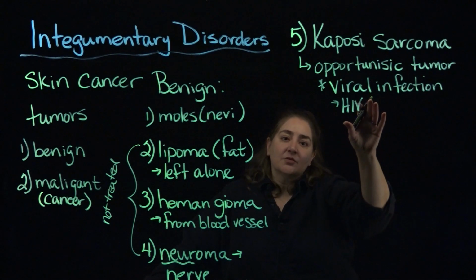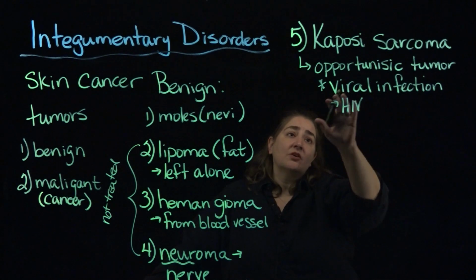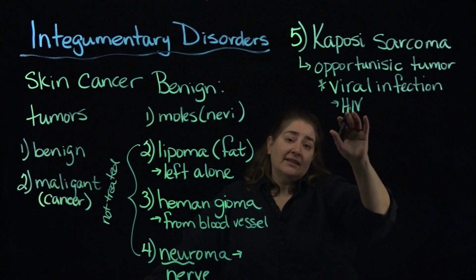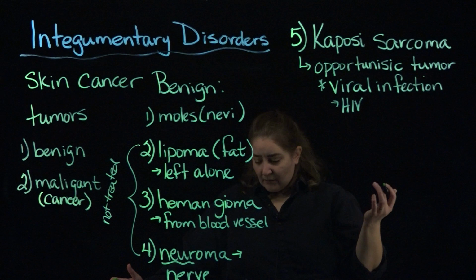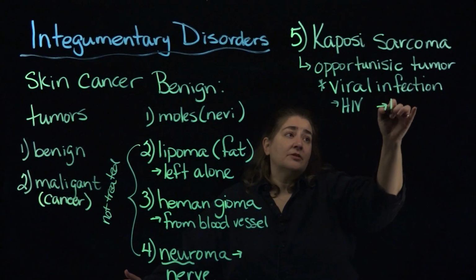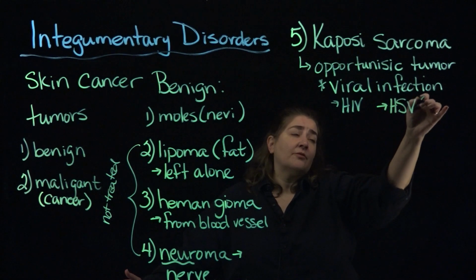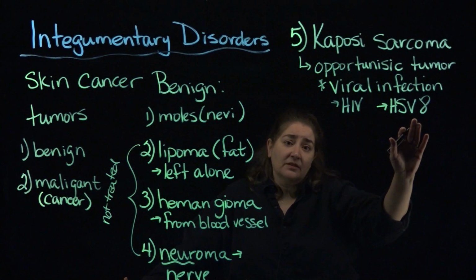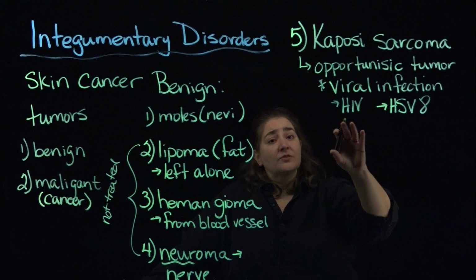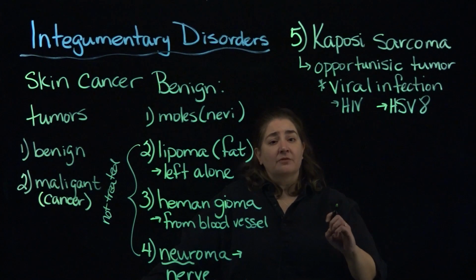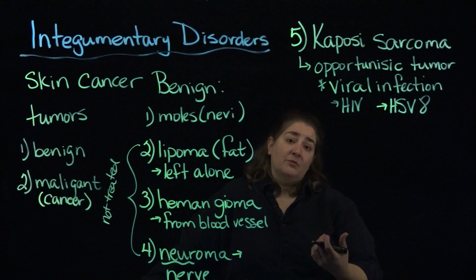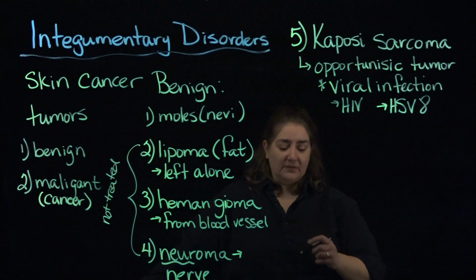And that's because there was another virus that resulted in that particular lesion coming about, and that new virus was HIV. But it also can result from other viruses, like HHV-8 specifically. So it's not exclusively associated with individuals who are infected with HIV, although that does tend to be the most common viral entity associated with this type of benign tumor.